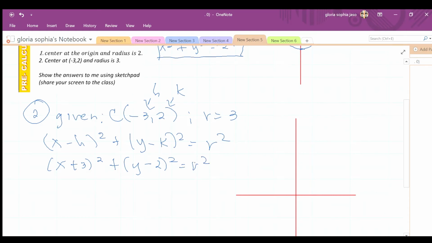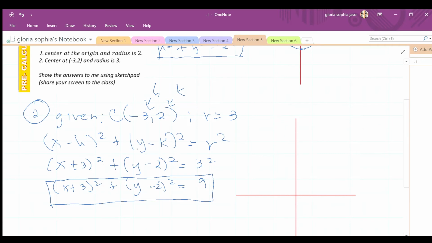Let's substitute the value, so 3 squared. Next, simplifying our equation. So, we have x plus 3 squared plus y minus 2 squared equals 9. So, this is the standard equation of our circle.